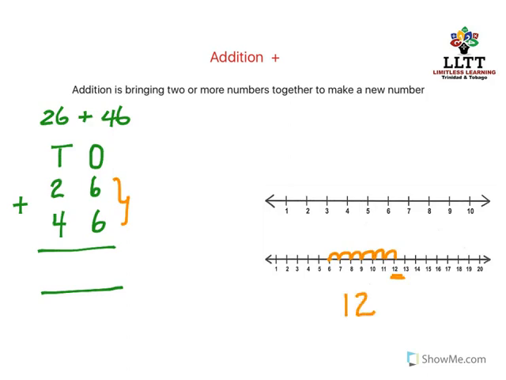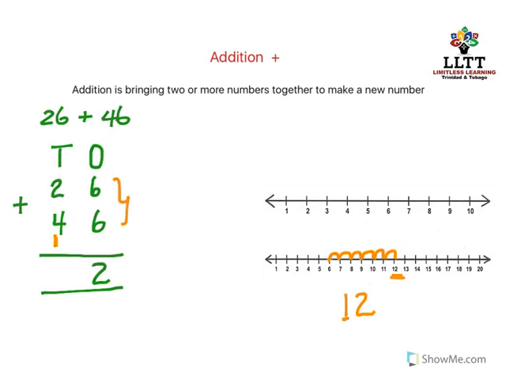But I can't put 2 digits in the section for ones. I can only put 1 digit. Now remember, 12 is 1 ten and 2 ones. So what I'm going to do is put my 2 ones under the section for ones, and then this 1 ten, I'm going to add this 1 under the tens section.